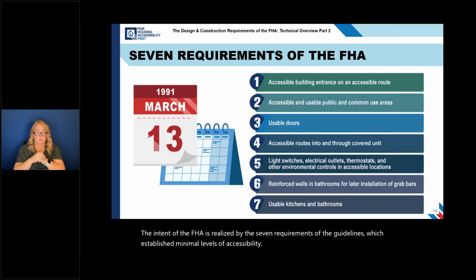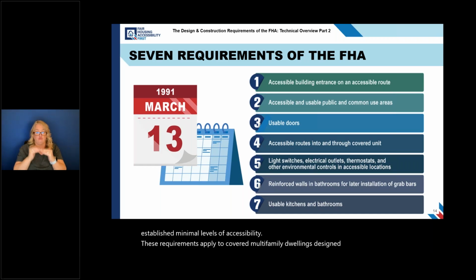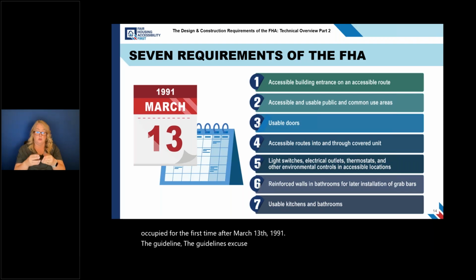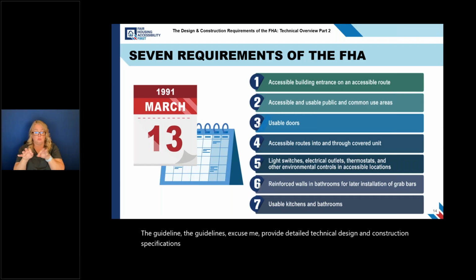These requirements apply to covered multifamily dwellings designed and constructed to be occupied for the first time after March 13, 1991. The guidelines provide detailed technical design and construction specifications and explain the areas of multifamily developments with accessibility obligations.